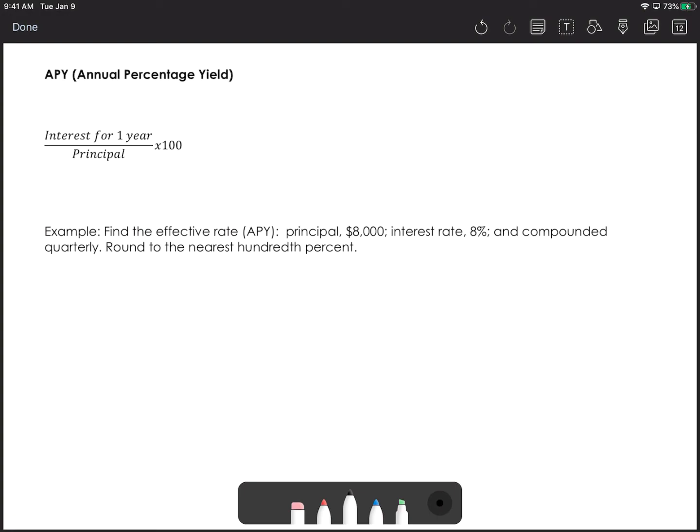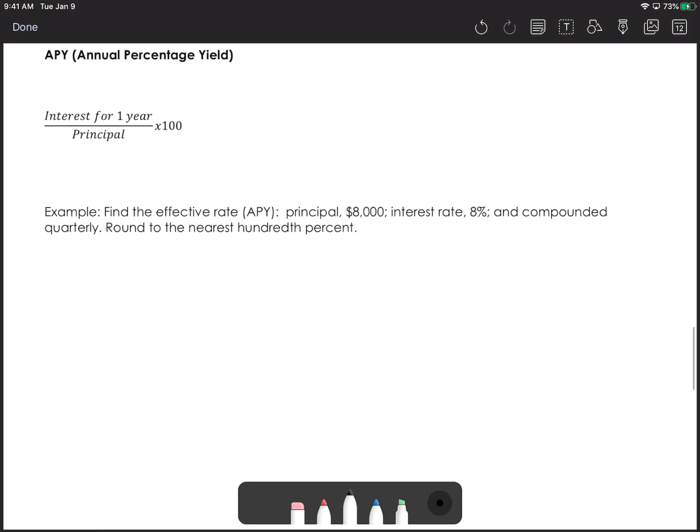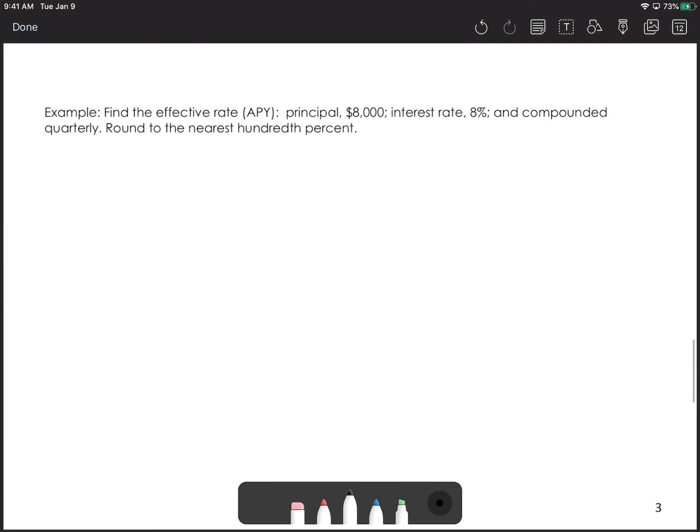We're going to take the interest for the first year, and then we're going to divide that by the principal, because that's our base in this case, what we're comparing it to, and then we're going to multiply it by 100 to change it into percent form. So we're only trying to find the interest for 1 year. So we're going to go through the process like we normally do, but we're just doing it for 1 year.